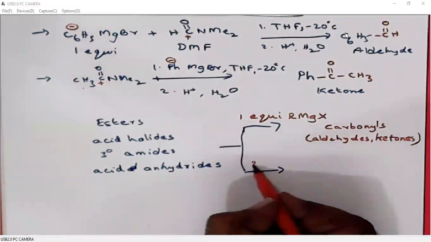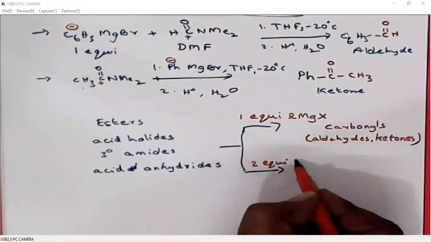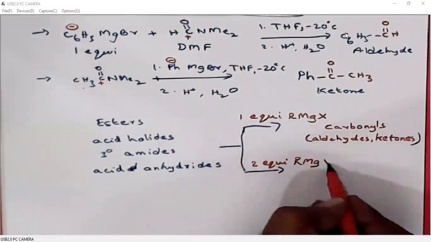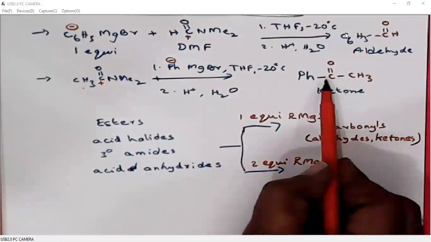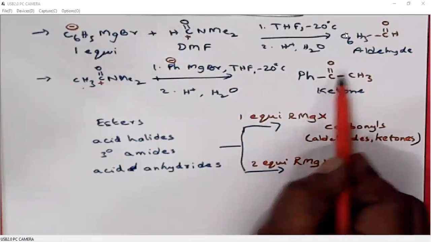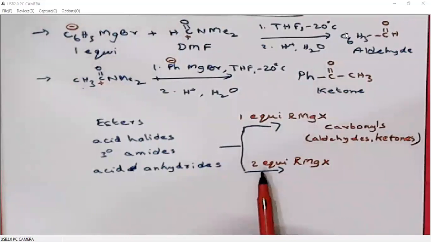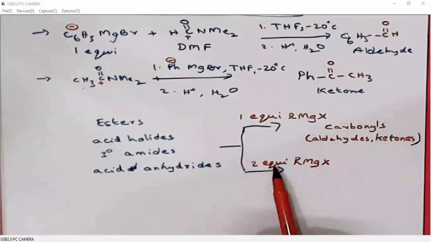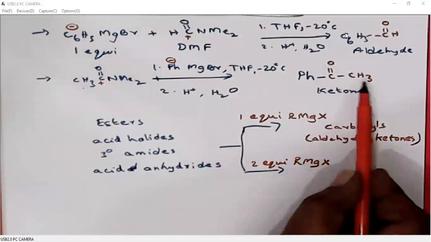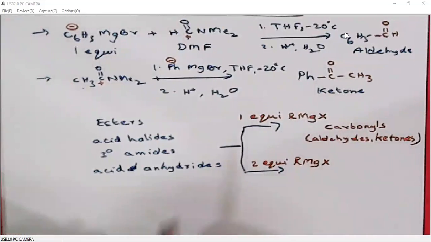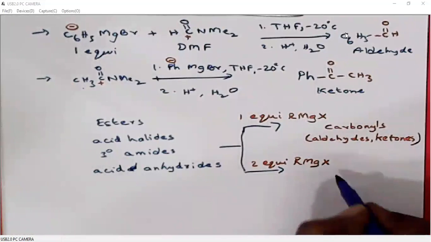But when we use two equivalents of Grignard reagent, we know Grignard reagent can also attack a carbonyl, that means ketone or aldehyde. So it is possible to use more Grignard reagent so that the generated ketone or aldehyde will further undergo Grignard addition to give tertiary alcohols.